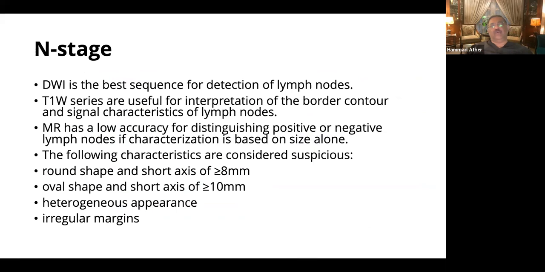Dr. Basit will explain further, but DWI and T1 weighted series are important in making the decision about nodal disease.